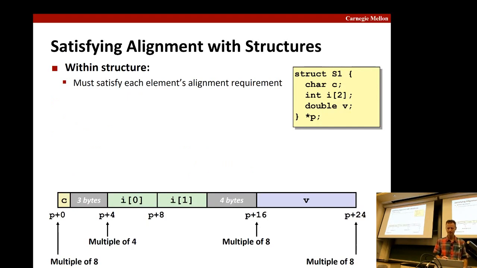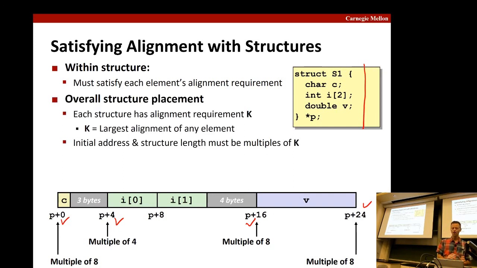So let's revisit this example again. Given this, the compiler will lay this out such that each of the individual items get their proper alignment. But also, you need the overall structure to be placed on alignment boundaries.